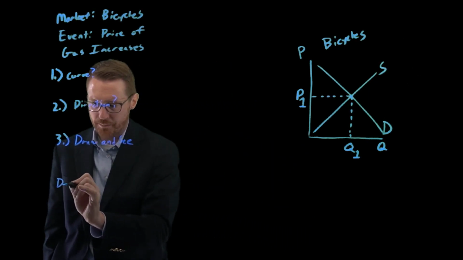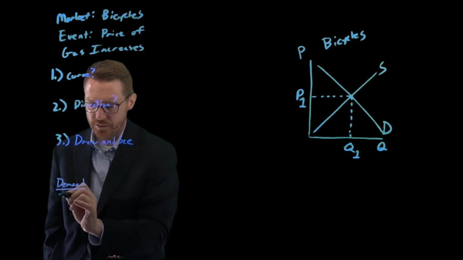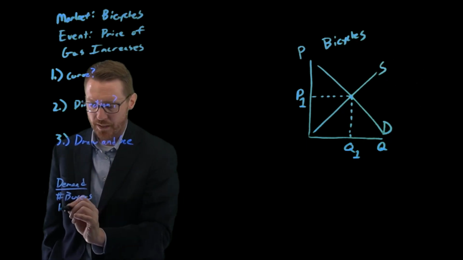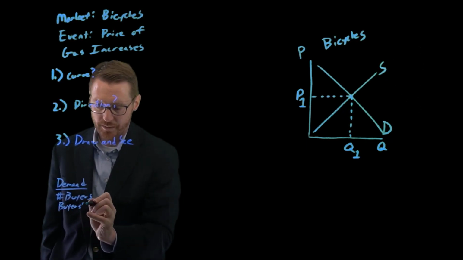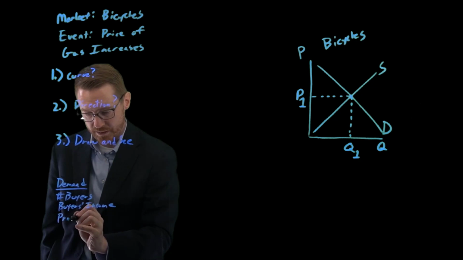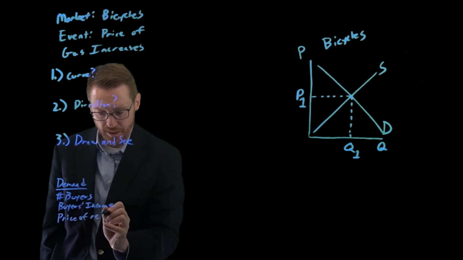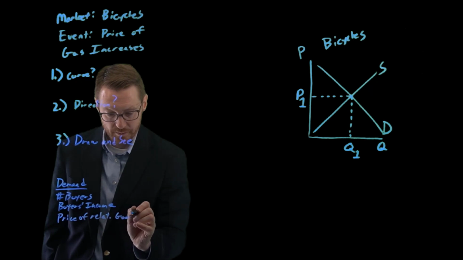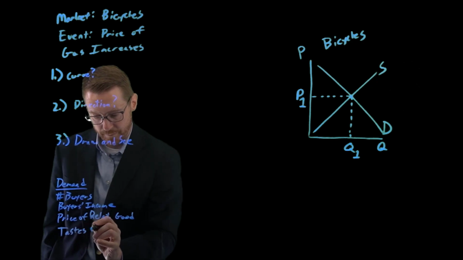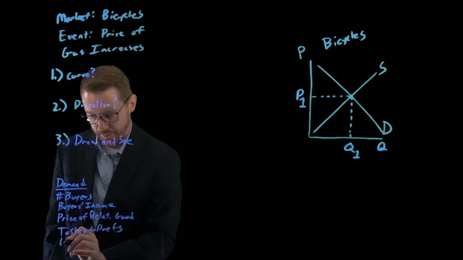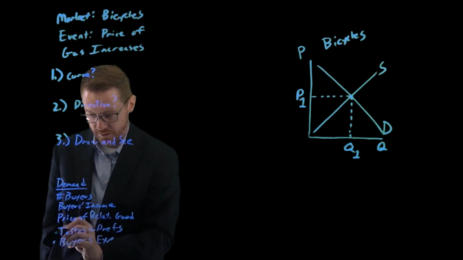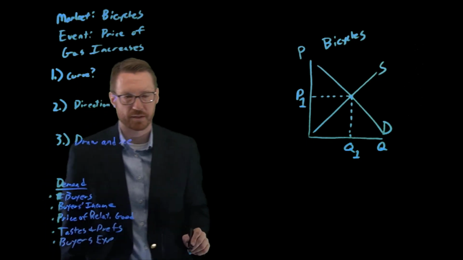If we think about demand, this was a story about the number of buyers, or a change in the number of buyers, buyers' income, the price of a related good, tastes and preferences, and buyers' expectations. So those were our 5 buckets we had for demand.